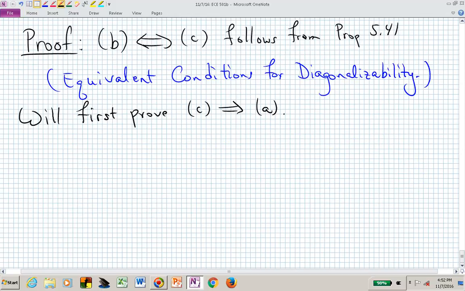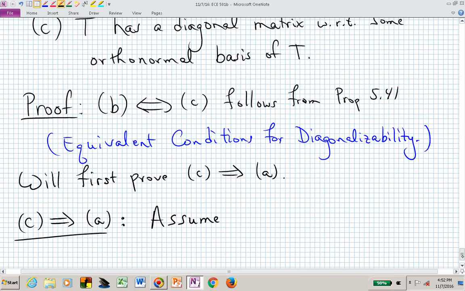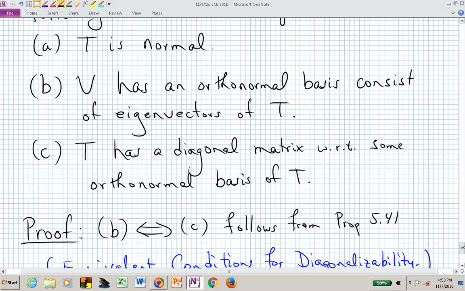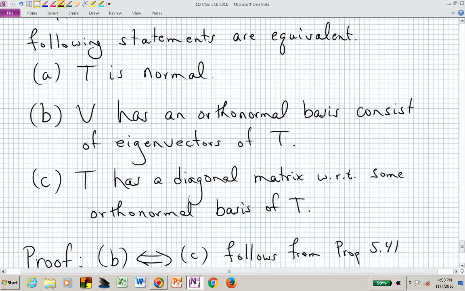So C implies A is now our first part of this proof. Let's assume that we have statement C being true, or T has a diagonal matrix with respect to some orthonormal basis of that operator. And then we need to show that that operator is normal.